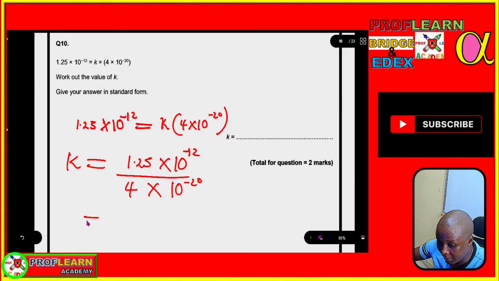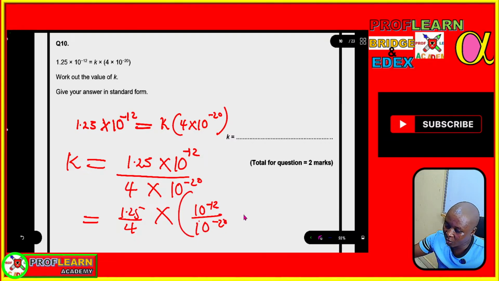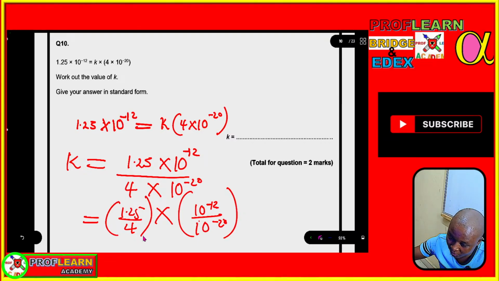I can write this as 1.25 over 4 times 10 negative 12 over 10 negative 20. If I work out this and this, I get the answer.